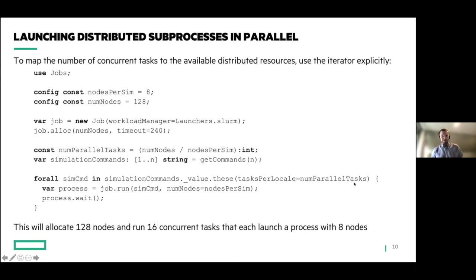We're sending it numParallelTasks. So now we're running a forall loop over the number of simulation commands we want to run, with the number of parallel tasks equal to the number of nodes available. So that forall is basically managing our entire workflow for us, where it's just chunking up your work and running the number in parallel that we'd want at a time.